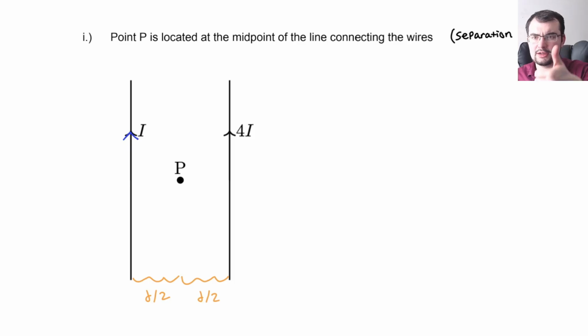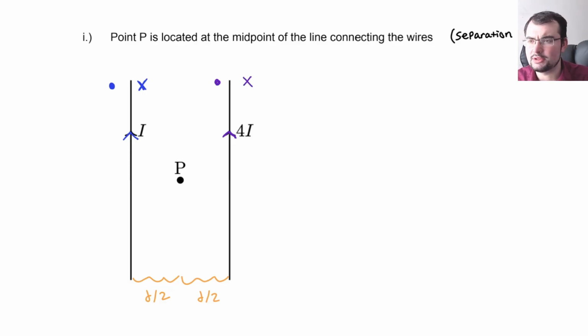If I stick my thumb pointing up, I see that the B field from the left wire pops out of the page on this side, and it pops into the page on this side. And if I do the 4i, we get the opposite field orientation because it's going to pop out of the page and then into the page.